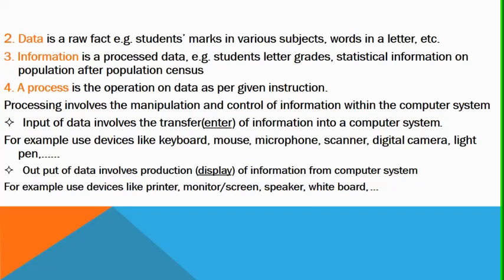If you want to get information out from the computer system, we may use devices like printer, monitor or screen, speaker, whiteboard, and so on. These devices are called output devices, because they are used to get information out from the computer system.